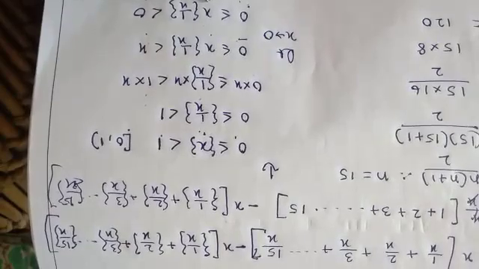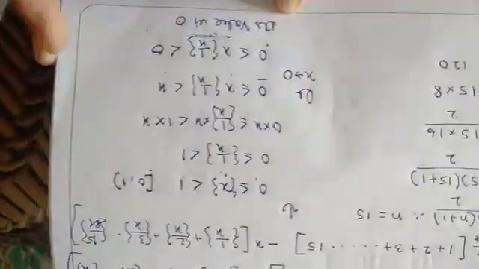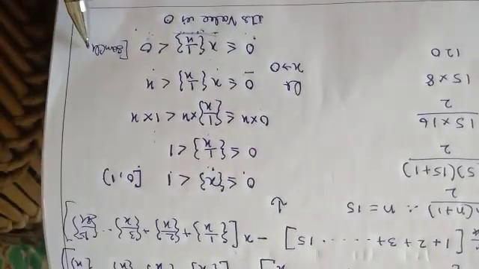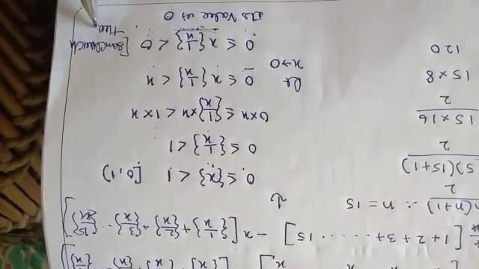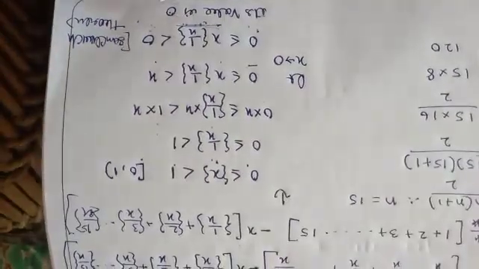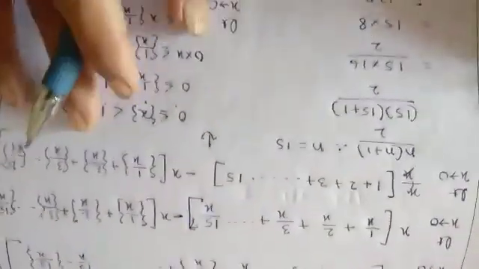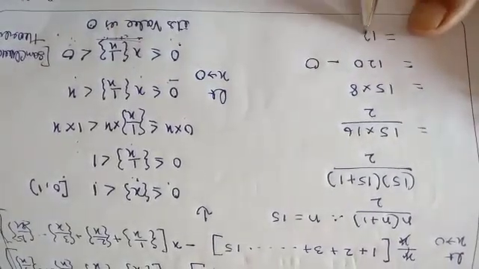So my given term is sandwiched between the 0s. This is also said to be the sandwich theorem, or you can say the squeeze theorem also. So what will be the value of this one? Its value is automatically 0 only. So my final answer will be 120 minus 0, which is equal to 120.